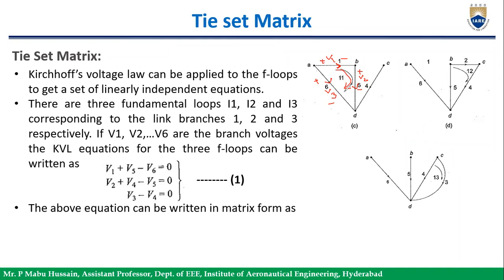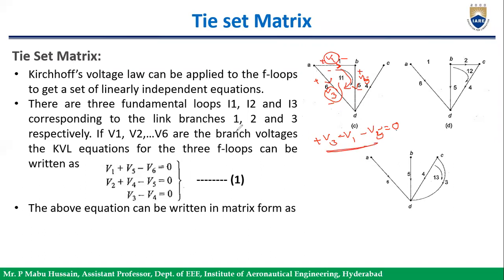According to KVL, minus to plus you can write as positive, so plus V6, then plus to minus, so minus V1, and again minus V5, equal to 0. So you are getting this equation.